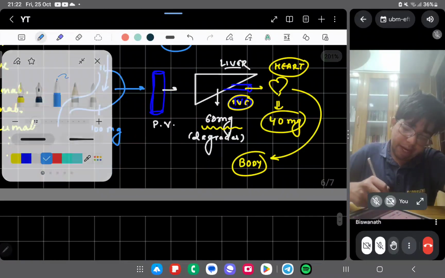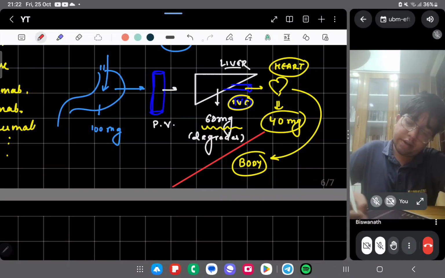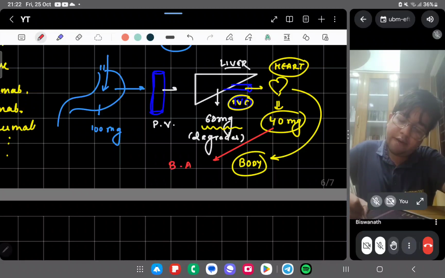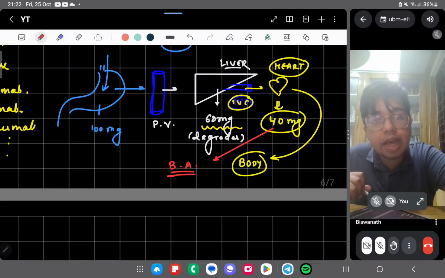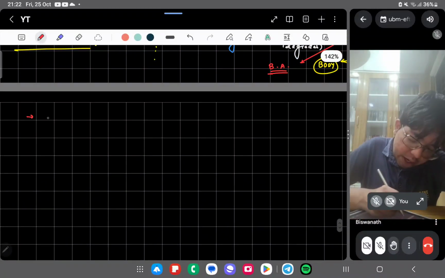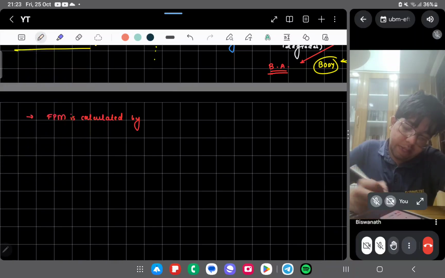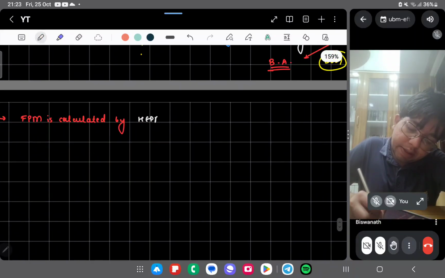This 40 milligram drug basically is called the bioavailability, the available drug for the body. And this first pass metabolism is calculated by something called the hepatic clearance.